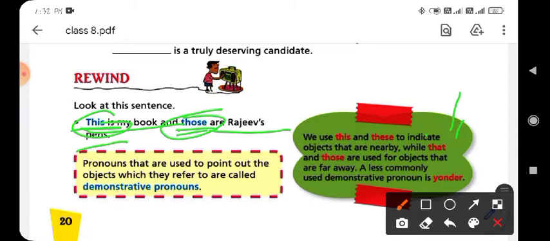Okay, a less commonly used demonstrative is yonder. So this, these, those and that are the demonstrative pronouns.